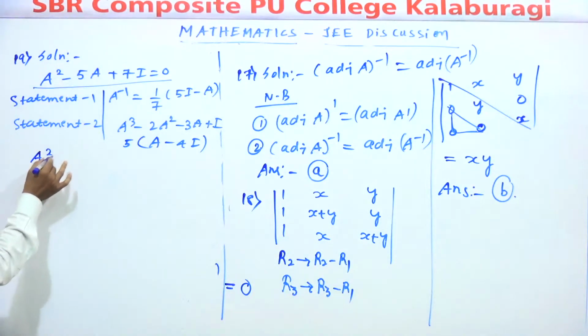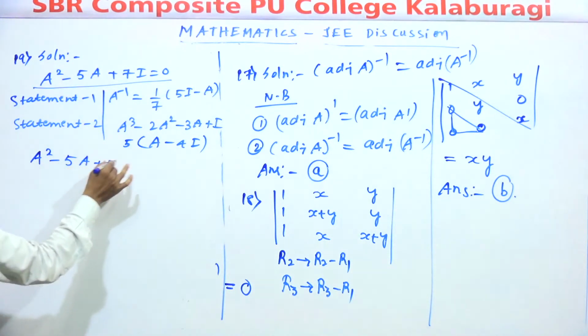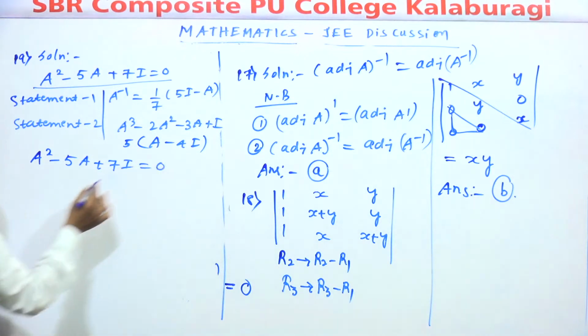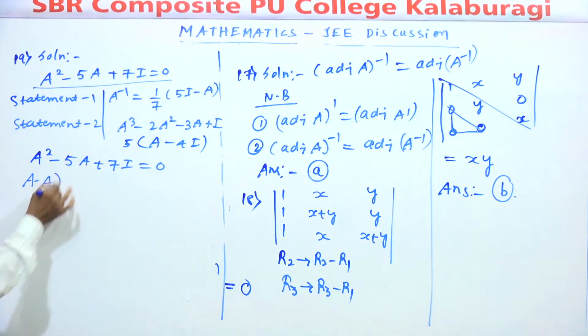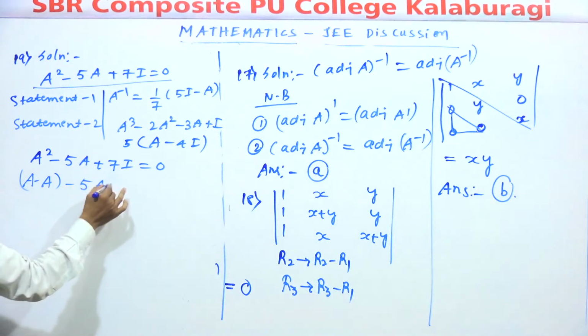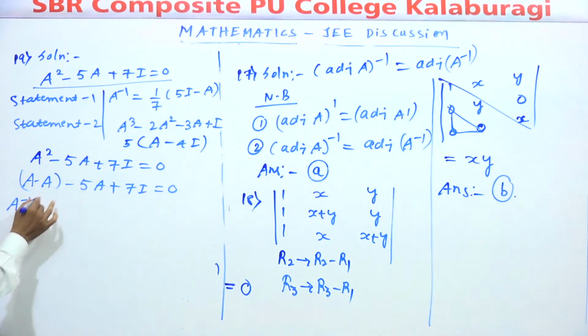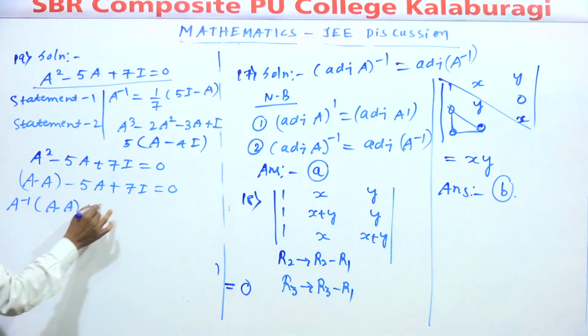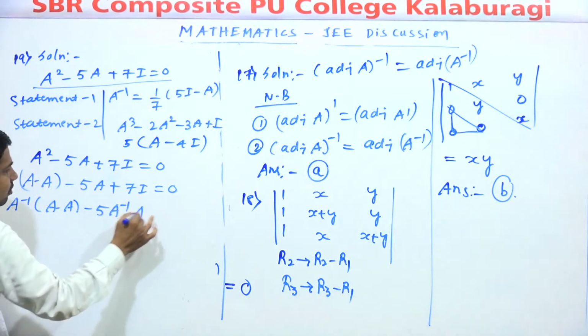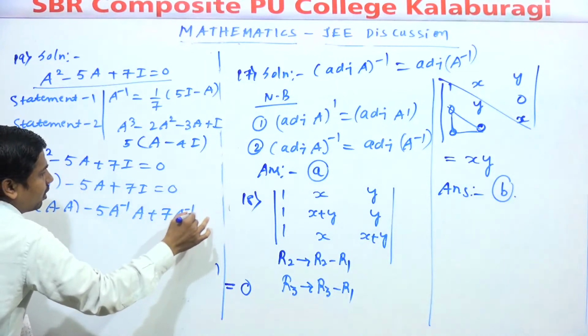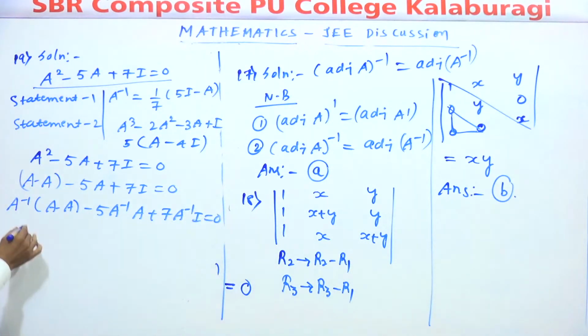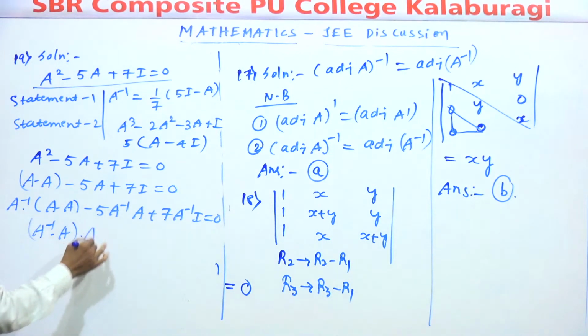So A square minus 5A plus 7I equal to 0. A square I can write as A into A, minus 5A plus 7I equal to 0. Pre-multiplying by A inverse on both sides: A inverse into A into A minus 5 into A inverse into A plus 7 into A inverse into I equal to 0, using associativity.